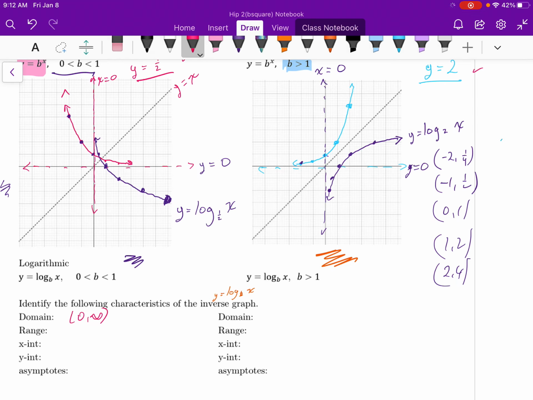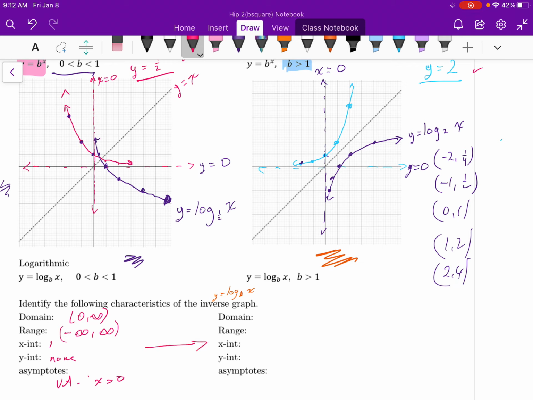What can the range be? Well, the range can be negative infinity all the way up to infinity. My x-intercept of my inverse function is going to be 1. My y-intercept is going to be none. My asymptote of my purple function, well, there's a vertical asymptote at x equals 0.